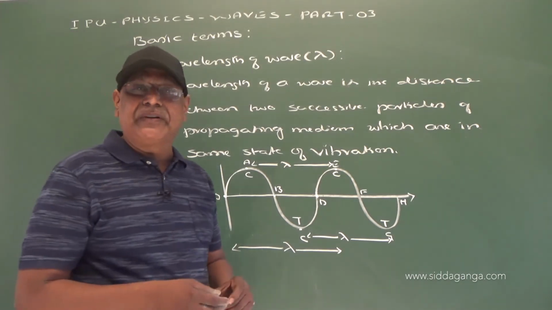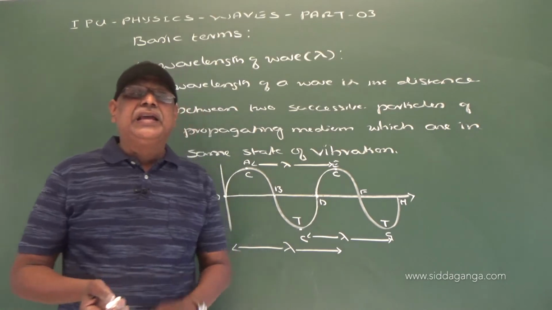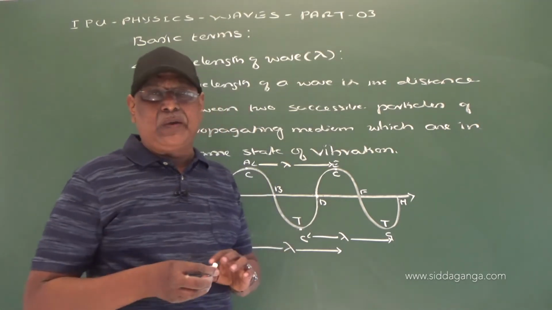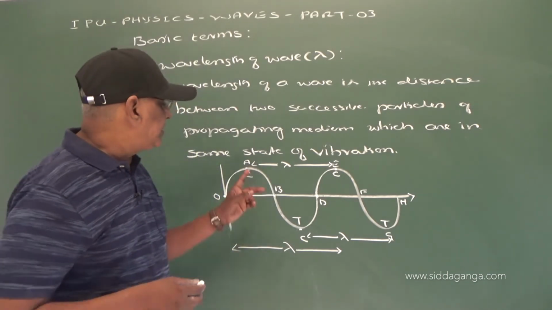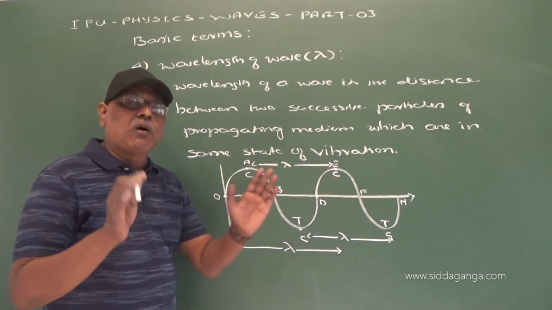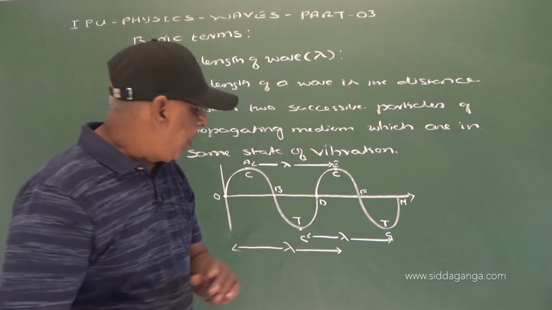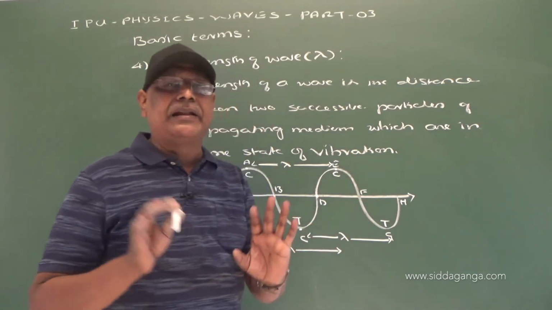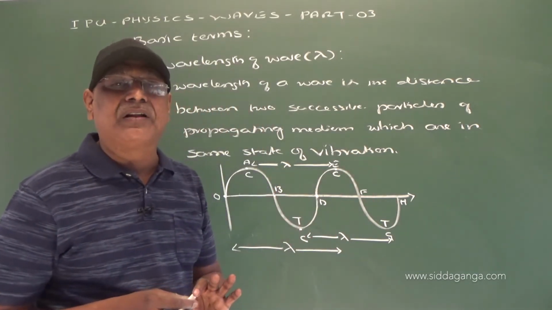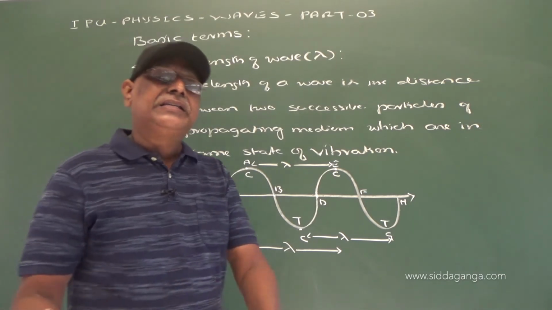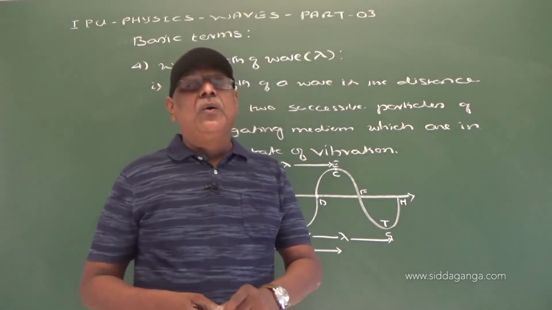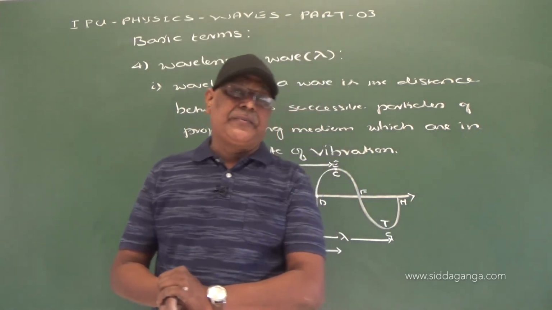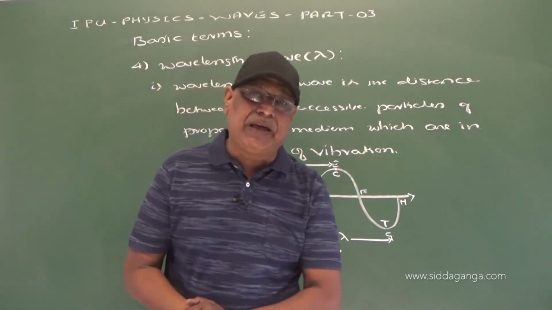Can I give an alternate definition? In the case of a transverse wave, the wavelength of a wave is the distance between two consecutive crests or two consecutive troughs. And that is another definition for wavelength. What about the case of a longitudinal wave?